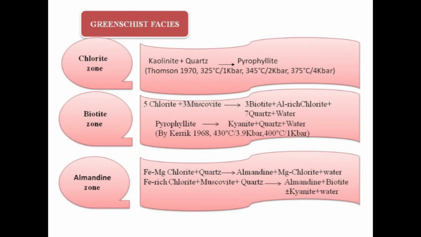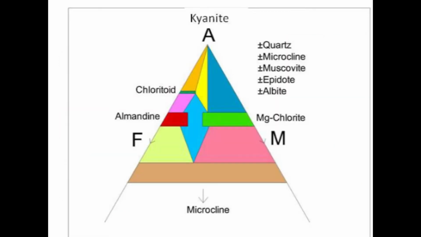The pelitic assemblages are, first, kyanite plus chloritoid plus or minus epidote plus or minus muscovite plus or minus microcline plus or minus albite plus or minus quartz, is also known as kyanite chloritoid schist.